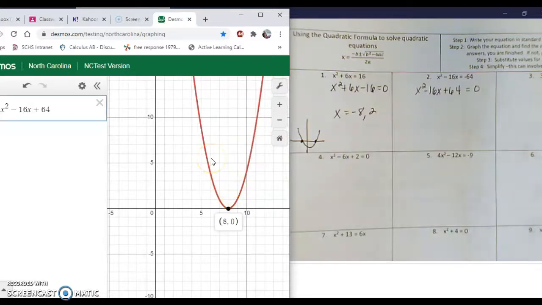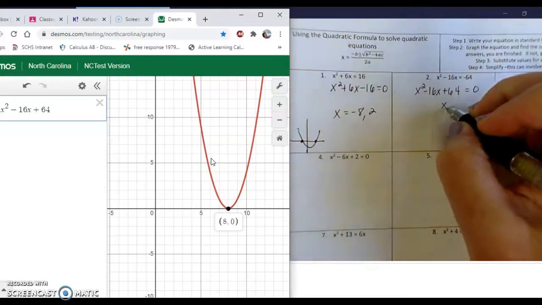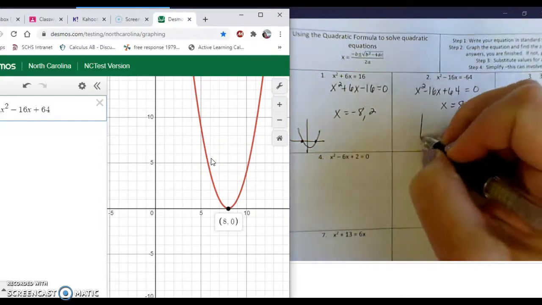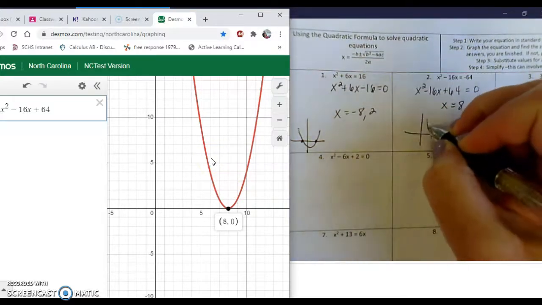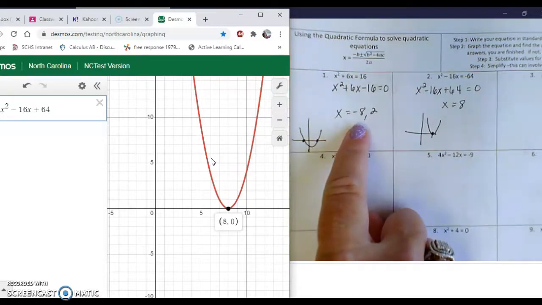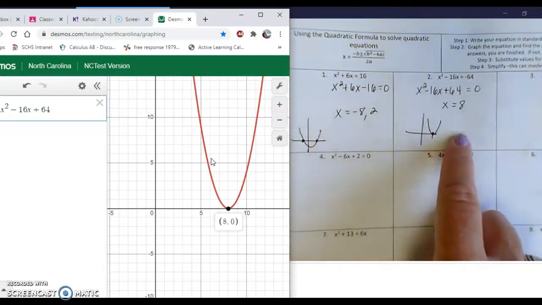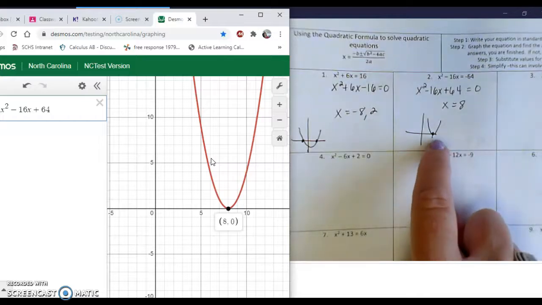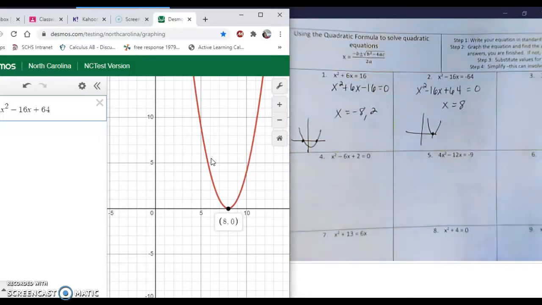All right, so it's possible for there to only be one 0, and that happens when the graph just touches the x-axis. So when you have a quadratic, we need to have two zeros, okay? They're either two real solutions like this. This is called one real solution, but it's called a double root because it sits on the x-axis.